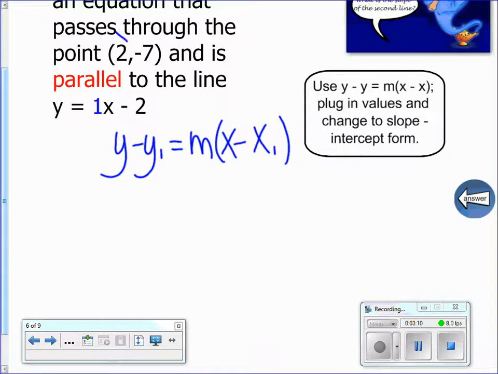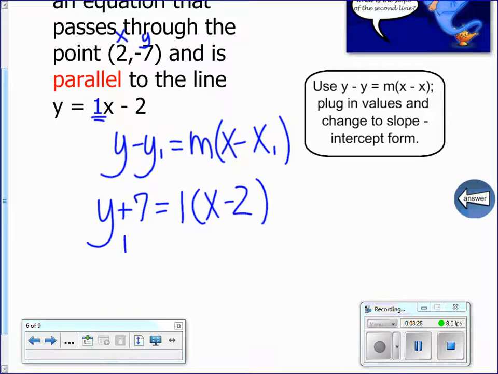I know that my x is 2 and my y is negative 7, and here's my m. So it's y plus 7 because it's minus the negative 7, so minus negative 7 is positive 7. 1 times x minus 2, so y plus 7 equals x minus 2.